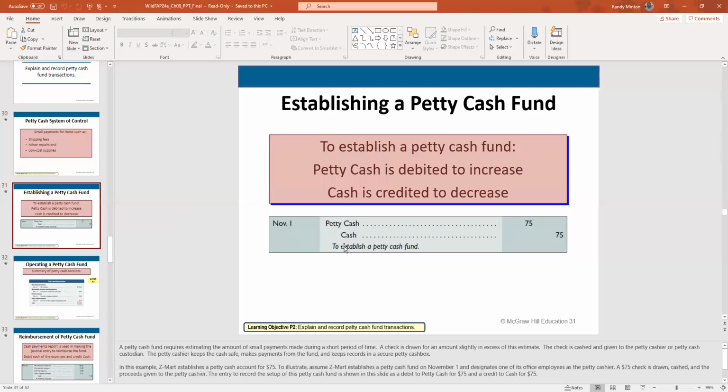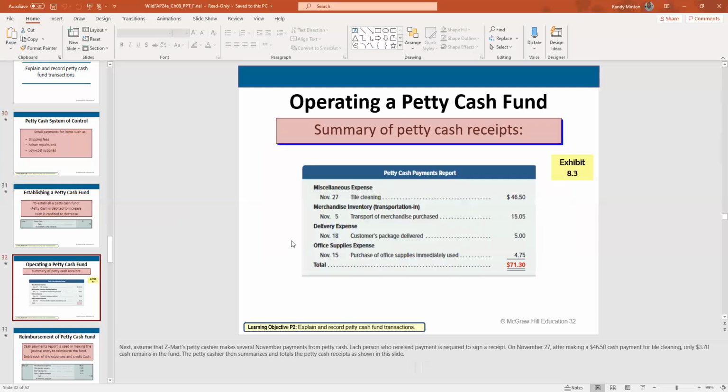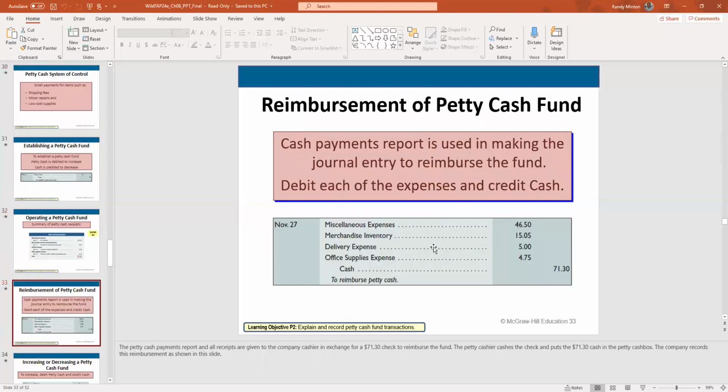Here's an example of the initial petty cash setup, an example of how we take care of all of the payments paid out of it, and here's how we reimburse the fund. There are all your expenses.